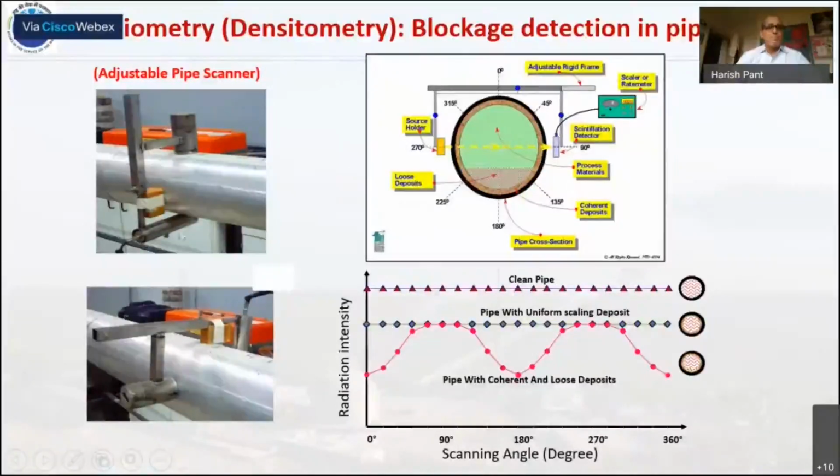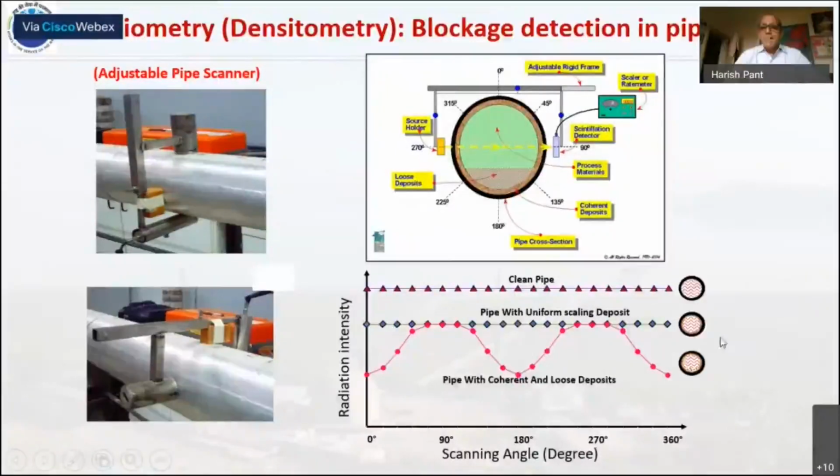Now, if you see the graph here, when the pipeline is very clean and is scanned in different angular directions, at all angles it will have the same intensity because the pipe is clean and there is no blockage.